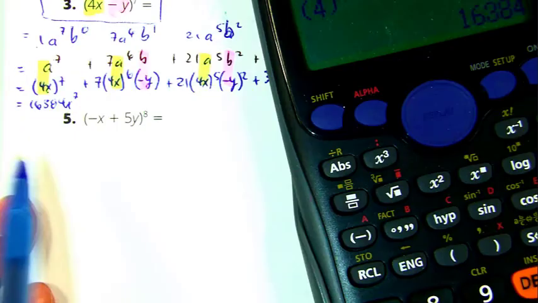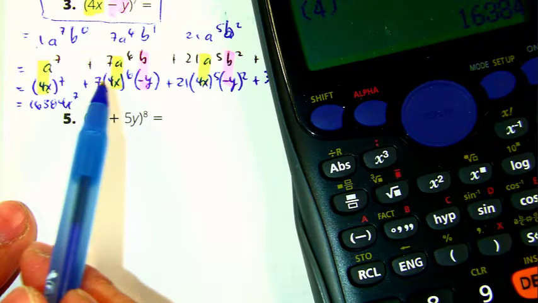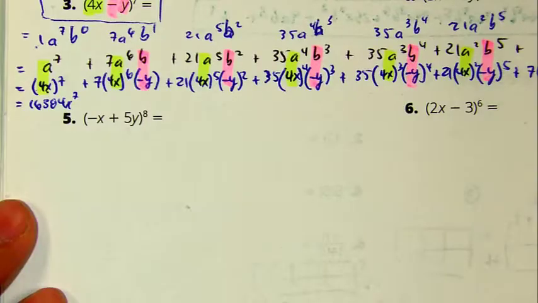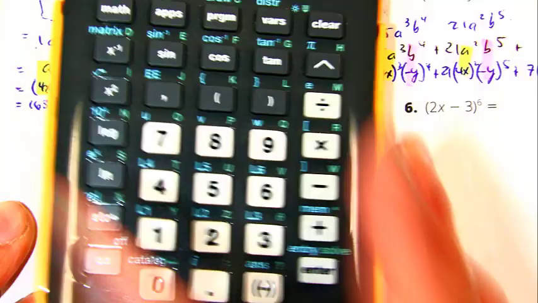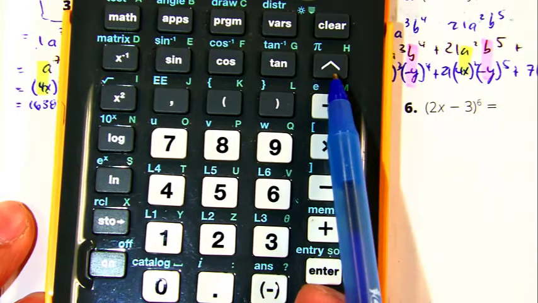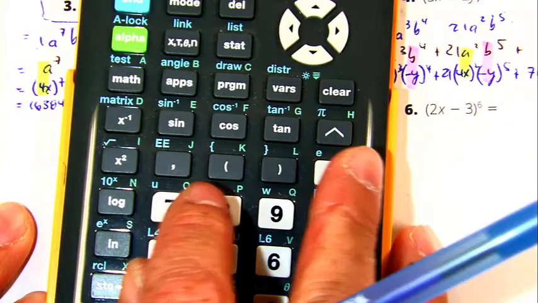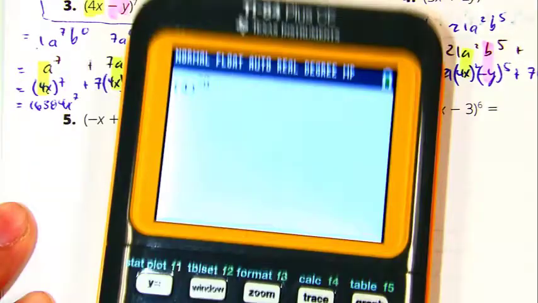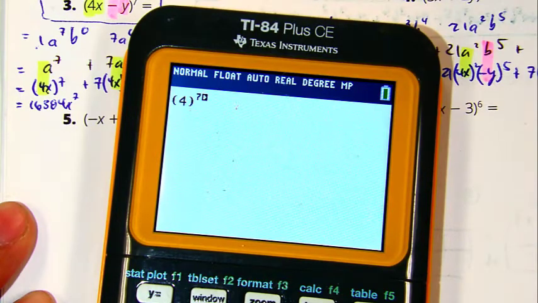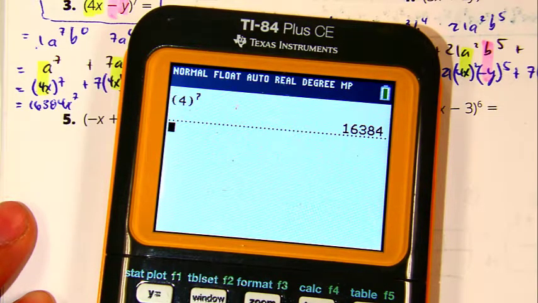Now when you get to the ones that are a little bit bigger, let me put that in this calculator to show you guys. In this calculator, I have a caret button, that's just an up arrow. So you'll type in 4 to the 7th, in parentheses. Some of you will have x to the y power or y to the x on your calculator.